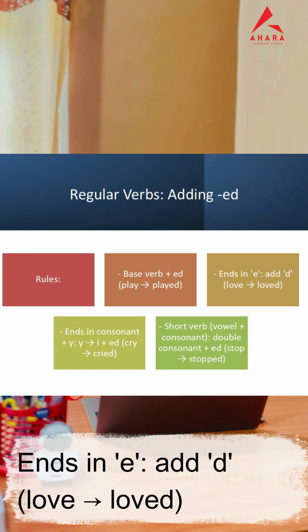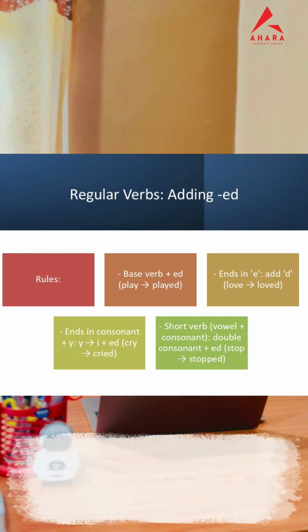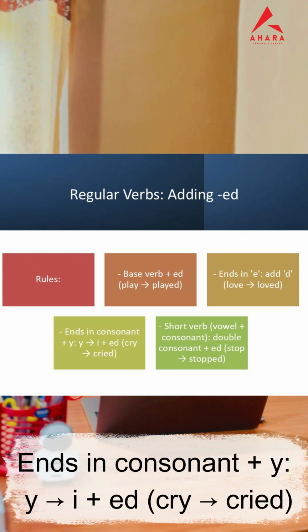For example, love, loved. Let's go to the third rule. If a verb ends in a consonant with y, then the y will be changed to i and we will add ed to the verb.